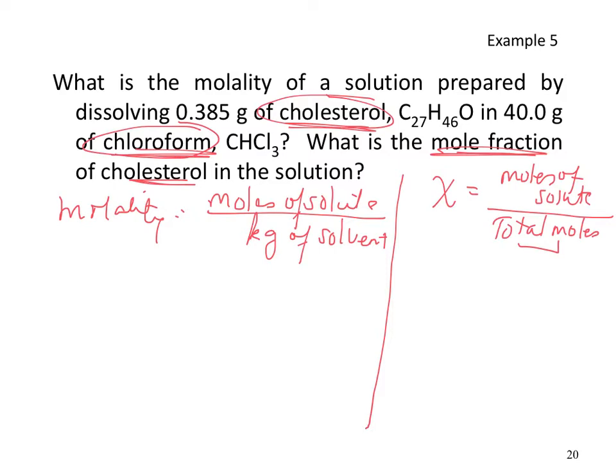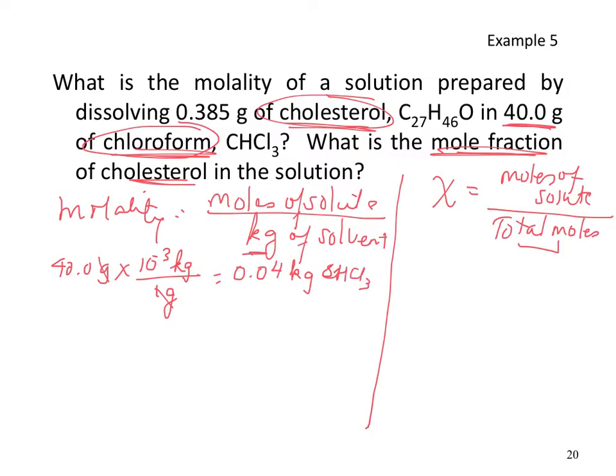First things first, you are given 40 grams of chloroform, which is my solvent, and in order to convert that into kilograms, all you need to do is divide it by 1,000, because each gram is essentially 10 to the power of negative 3 kilograms. So gram and gram cancel off, and the kilograms that you have is 0.04 kilograms of the solvent, which is chloroform, CHCl3.